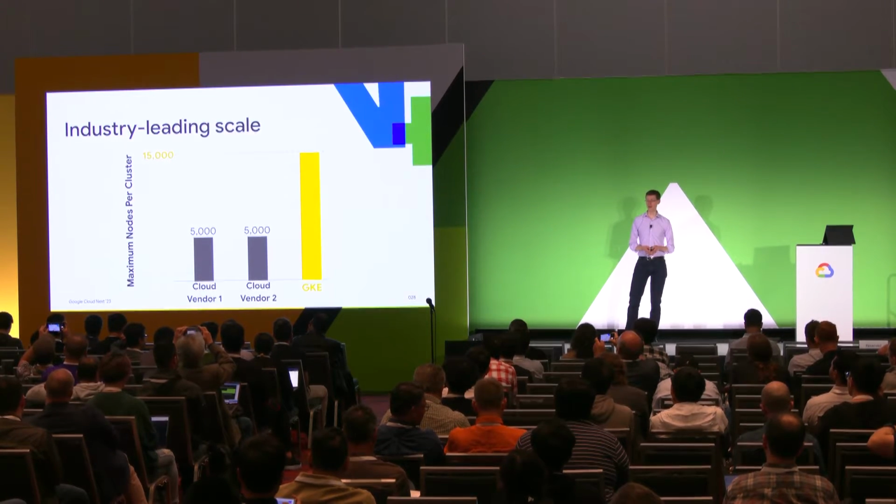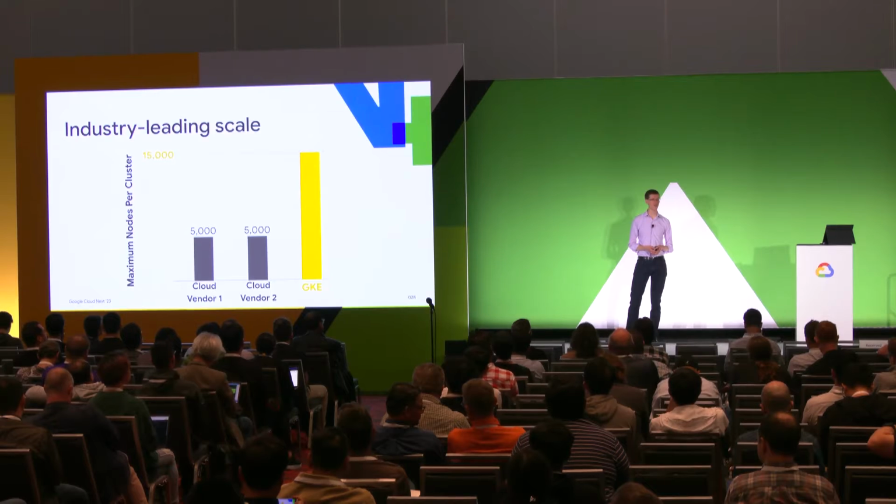Because the scale of ML models is increasing far faster than the size of hardware accelerators, a multi-node training architecture that supports massive scale is critically important. And GKE uniquely offers that.